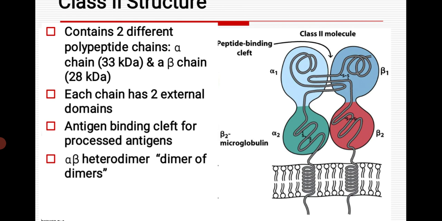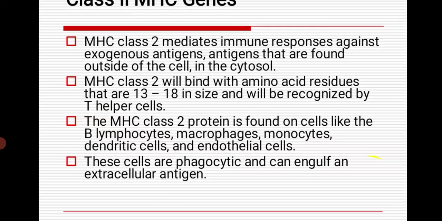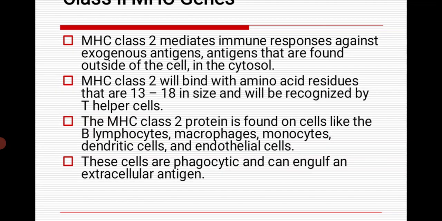The alpha 2 is a site for binding of the T cell receptor. The MHC class 2 molecule mediates immune response against exogenous antigen, the antigen which is found outside the cell and processed within the cytoplasm.